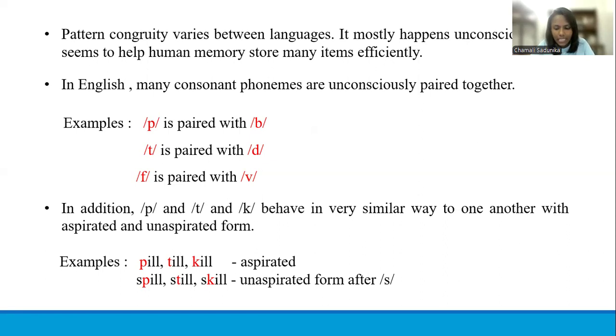So in English, many consonant phonemes are unconsciously paired together. In addition, p, t and k behave in a very similar way to one another with aspirated and unaspirated forms. They each have an aspirated form which occurs at the beginning of a word, as in pill, till, kill, and an unaspirated form after s, as in spill, still, skill.